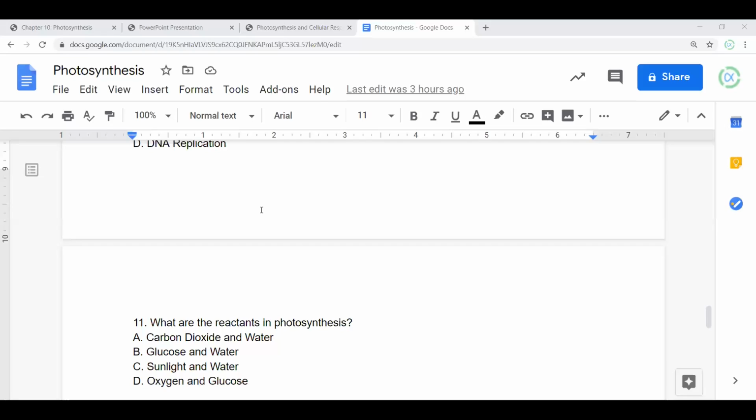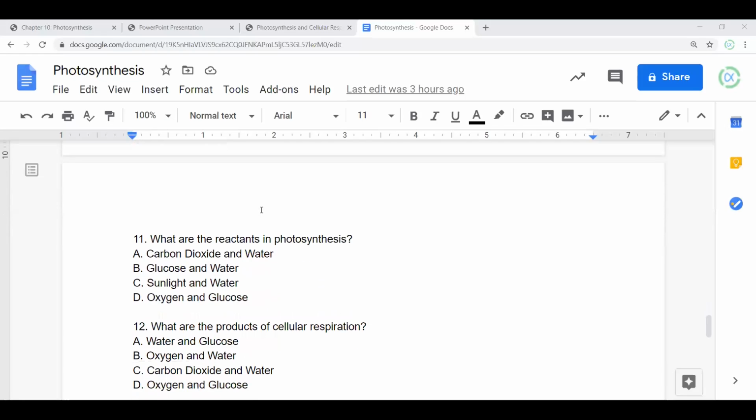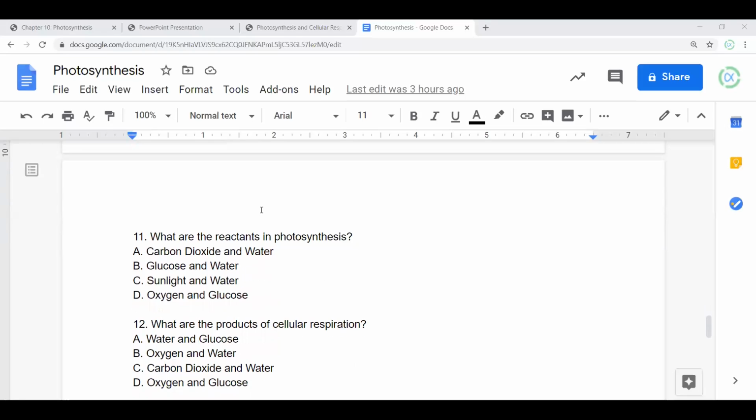So that's why C is not the best answer, even though it is somewhat correct. And then D, oxygen and glucose, that is for respiration. Okay, so question 12. There's three more after this. So what are the products of cellular respiration?